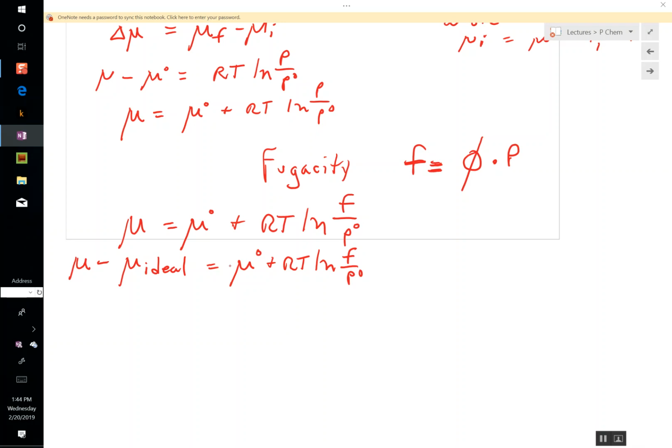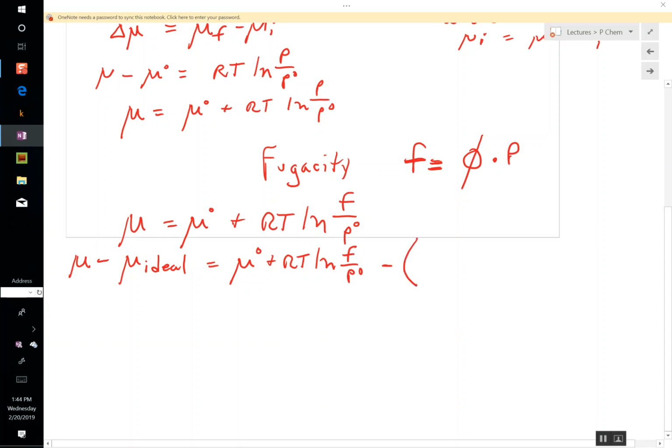And if you were to see the difference between that and an ideal gas, then you'd have this plus RT times the log of... for the ideal gas, like I said, this is 1, so the fugacity, the pressure is P. There's no difference. These things are crossing out of here.